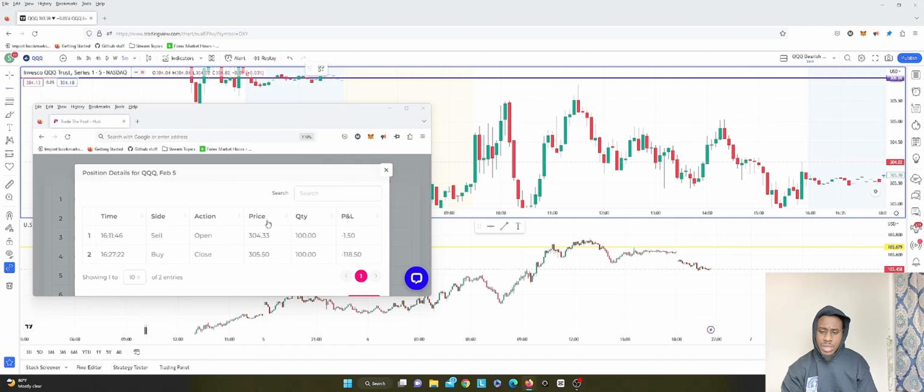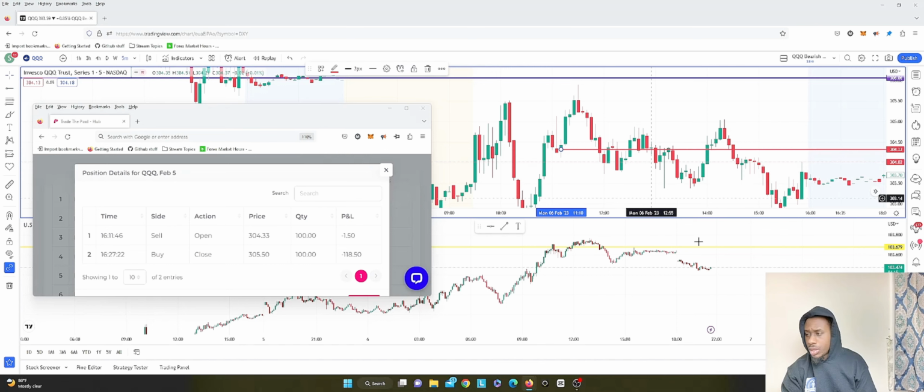This was either a stop sell or a market order, but I entered on the 11.10 candle. Okay, this was a market order for sure, because when I saw this candle form, I'm like, okay, we're pushing down, right? But just this movement up cleared me out. So I entered, this was definitely a market order. So I entered at 304.33 right here on the 11.10 candle.